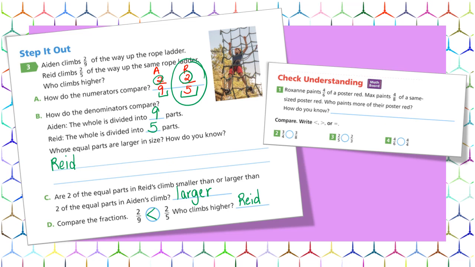Okay. And if you'd like to see a bar model for that, I'll go ahead and do that. Now, you'll notice that as I make my models, boys and girls, I'm making them the same size. One is going to be for Aiden, and the other one's going to be for Reed. So, for Aiden, I'm going to break it up into how many equal parts? That's right, 9. My denominator is 9, so I'm going to break it up into 9 equal parts.